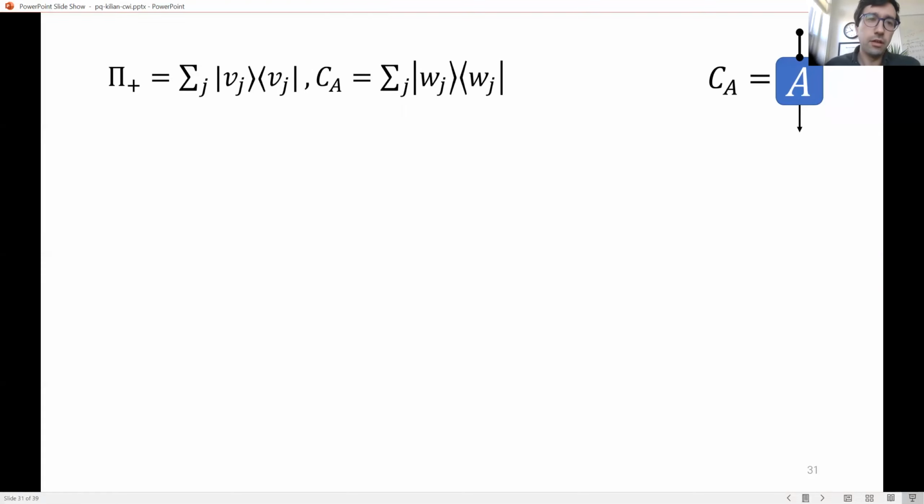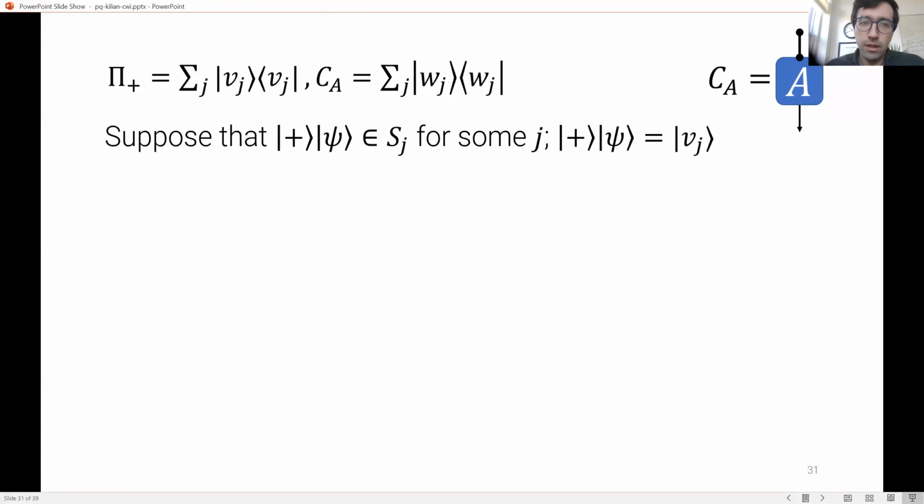So I can write the projection onto plus, where I've omitted a tensor with the identity on the other registers, as a sum of rank 1 projectors onto these Vj's, and the controlled application of A as a sum of rank 1 projectors onto Wj's.